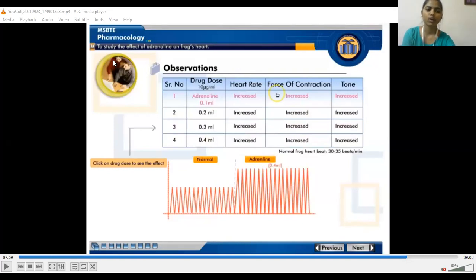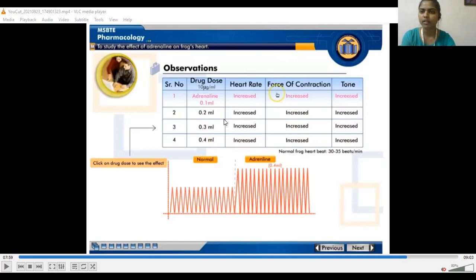So from that we concluded that adrenaline after administration on the frog heart increases the heart rate, the force of contraction and the muscle tone, all the parameters. Whenever these parameters increase, we call it a positive inotropic effect and positive chronotropic effect.